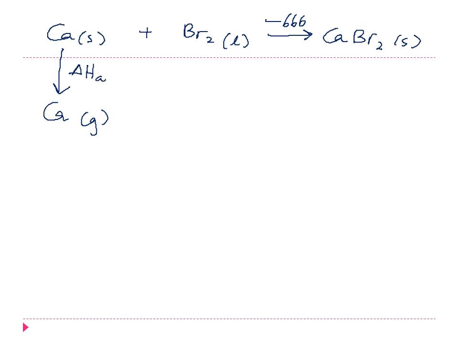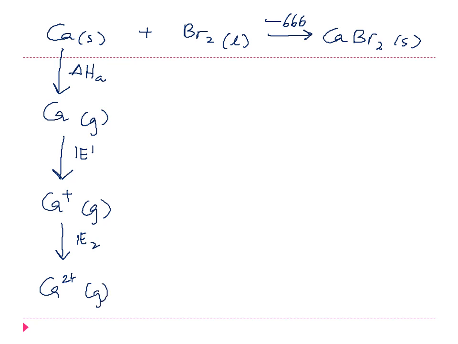All right, and then we are going to use IE1 to form Ca+ gas, and then IE2 to form Ca2+ gas.